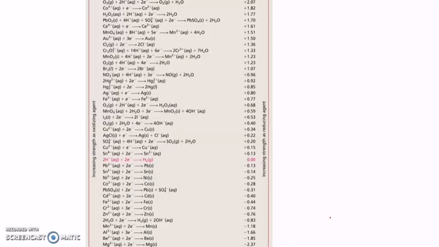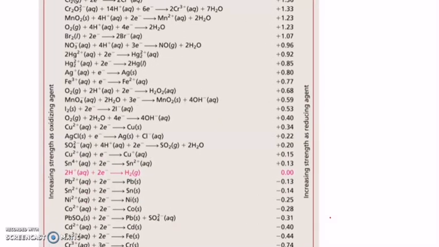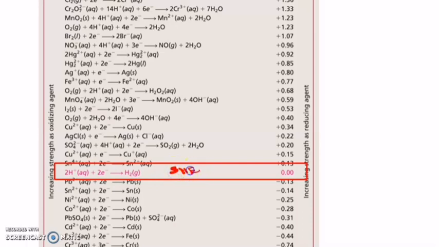This is the standard reduction potential table that we are going to use in this topic. If we look at the standard reduction potential or SRP, we can see the zero value here, and it is what we call the standard hydrogen electrode, or SHE, or I will call it SHE to make it easier for me to explain to you.